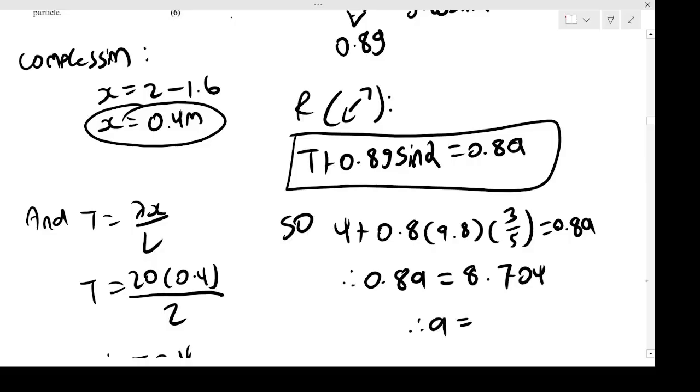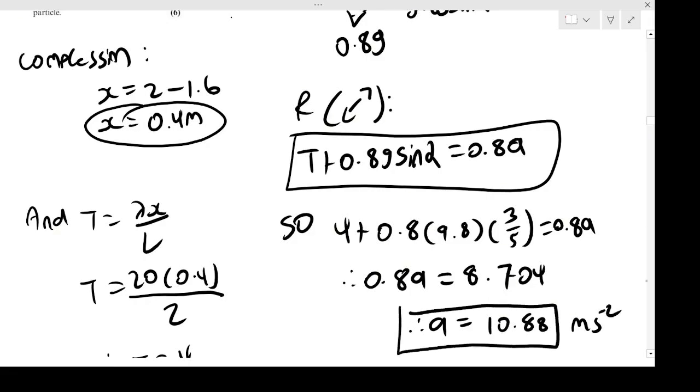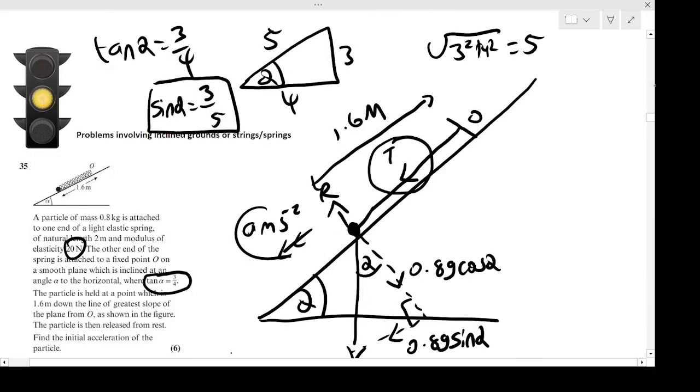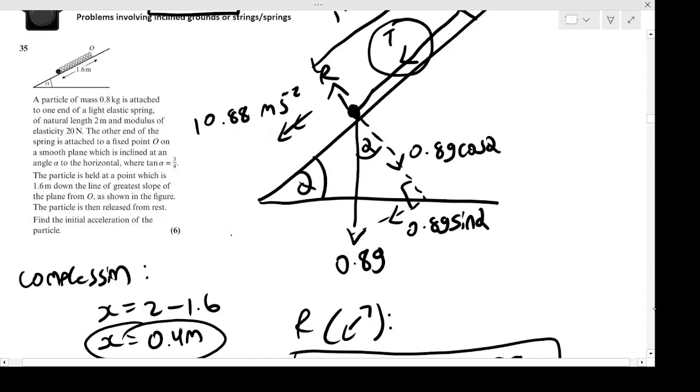Therefore, dividing by 0.8, I get a to be 10.88 meters per second squared, and that is my acceleration. The acceleration is positive, which confirms that the acceleration of 10.88 is indeed downwards. So that is true, it is downwards.